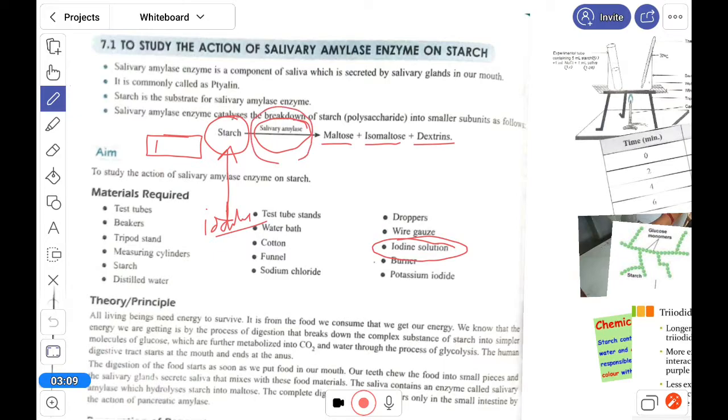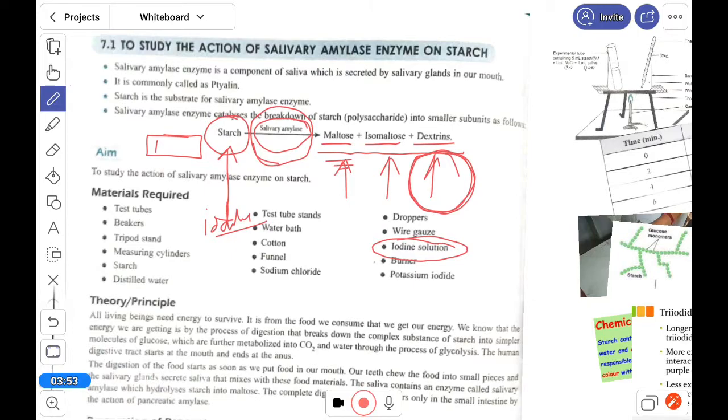After applying salivary amylase, over a time duration of 2 minutes to 10 minutes, we gradually see this blue-black color fade when we apply iodine at different time levels. Finally, after applying iodine, we will not get any blue-black color. So we can understand that it is now not starch; it has been converted into maltose or glucose.